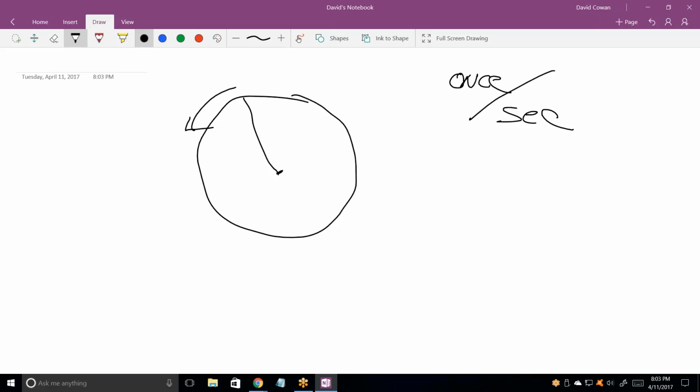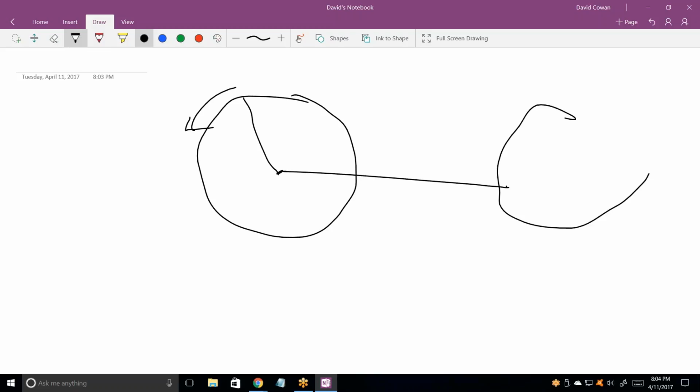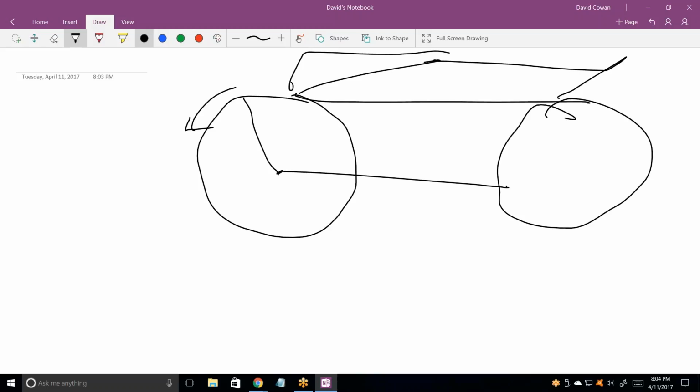Now, how do you convert angular speed to linear speed? Well, notice that if this is a wheel attached to a vehicle, and there's another wheel over there, and you've got a vehicle like that. I'm a terrible artist, unfortunately.